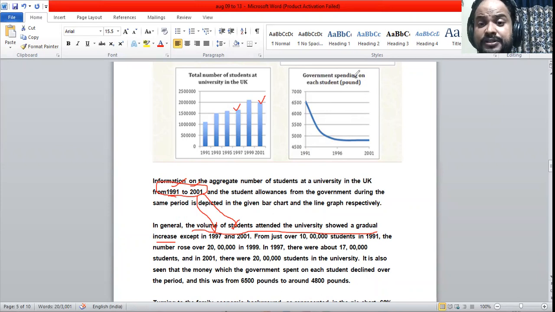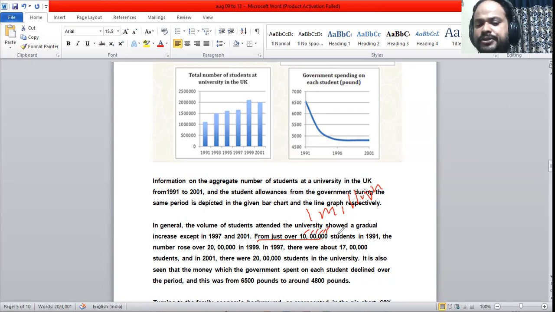So the explanation is given from just over... I have to see 1, 2, 3, 4, 5, 6. That's 1 million. So from just over 1 million, I can say 1 million instead of these figures. I have not mentioned billion or million or anything else there.